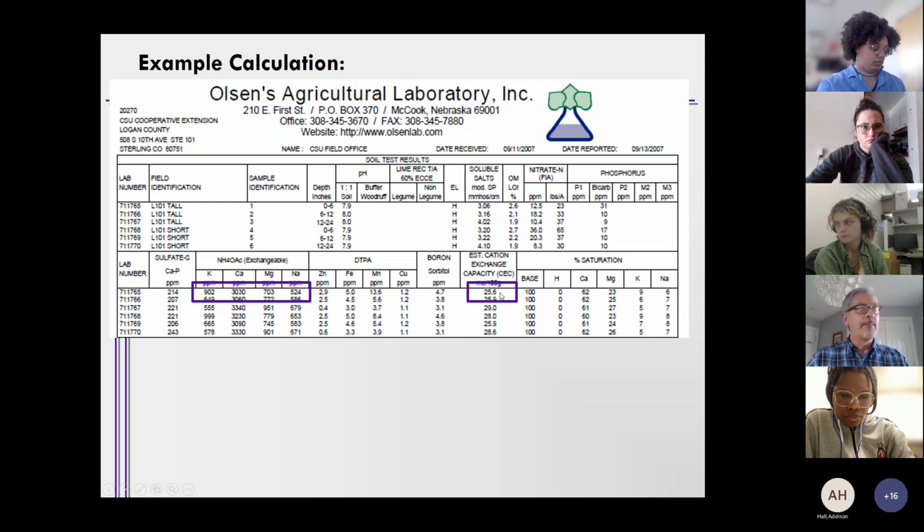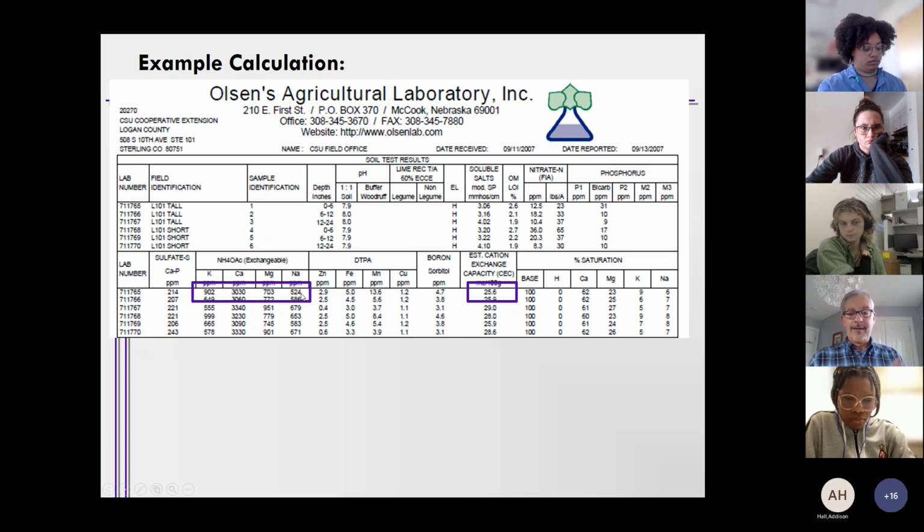That's the CEC. And how did they come up with this number? It's not magic. What they did was they determined the amount of potassium, calcium, magnesium, and sodium on the soil, on the exchange sites.